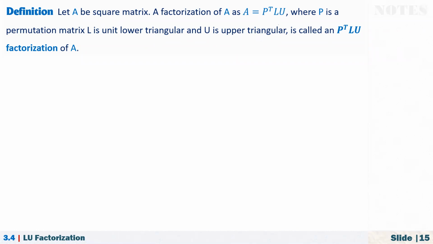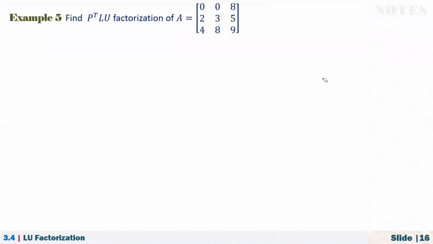Because to reduce the given matrix into echelon form, we need to do swapping operations. That's why, with swapping operations, we use this matrix P transpose.